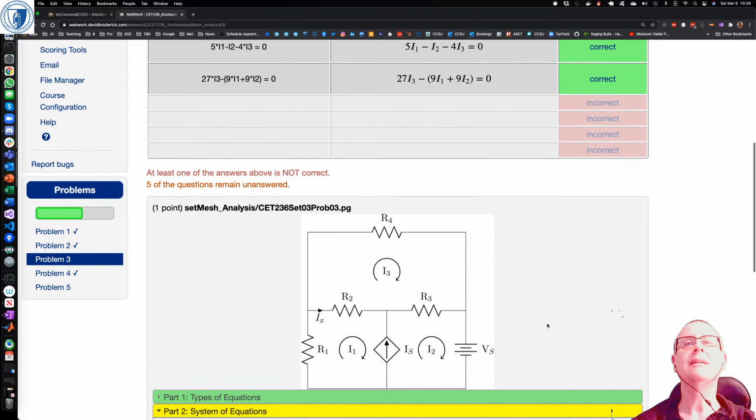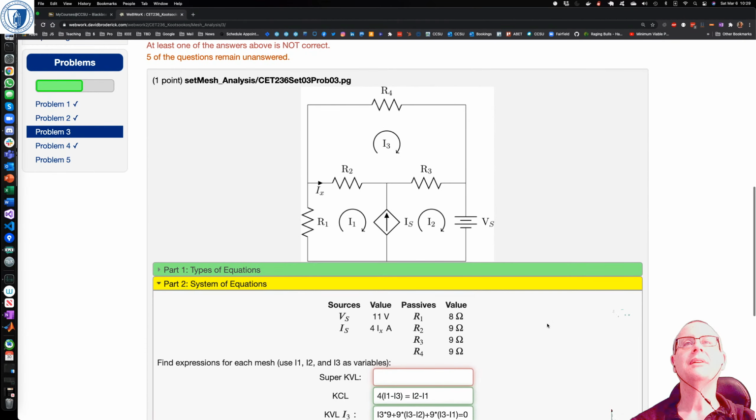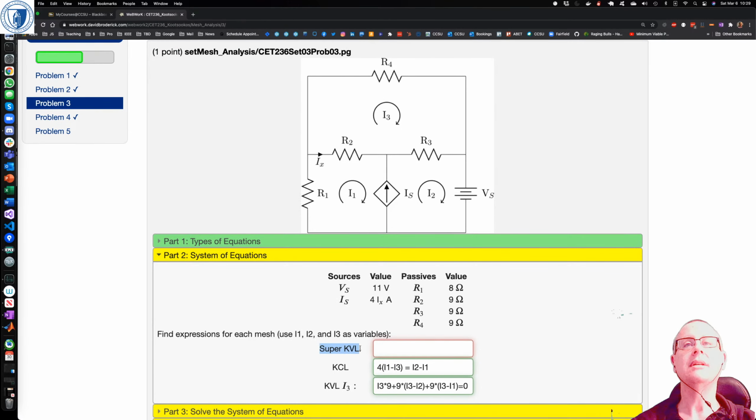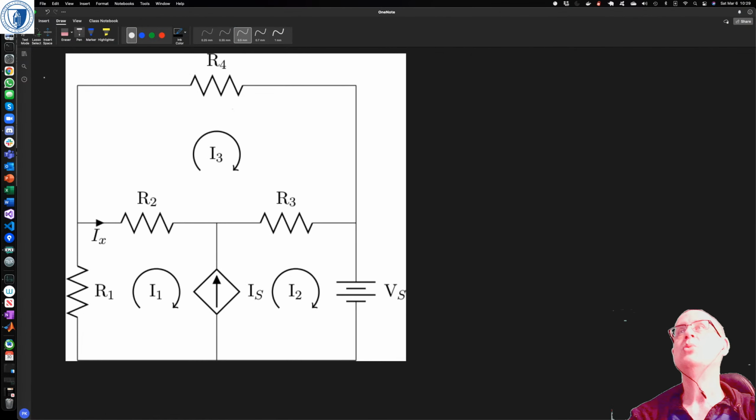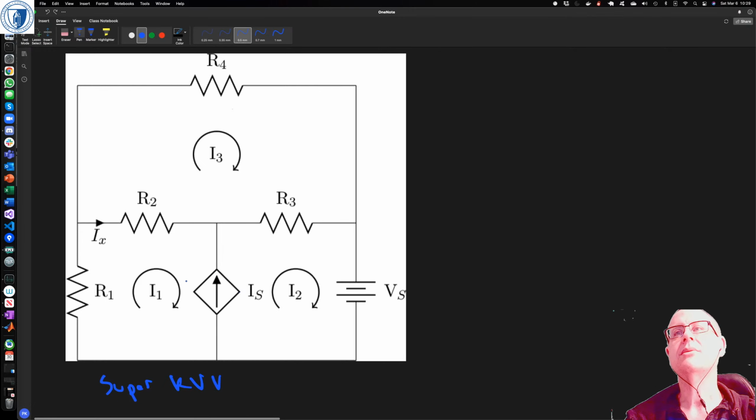Okay, so that's that. And now the tricky bit is the super KVL. It's not that tricky, but it's a bit different from the standard, right? What we've got to do for the super mesh is combine the I1 mesh and the I2 mesh, but avoid passing through the current source.